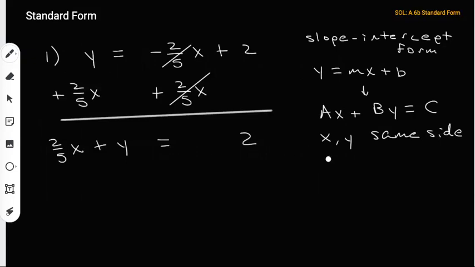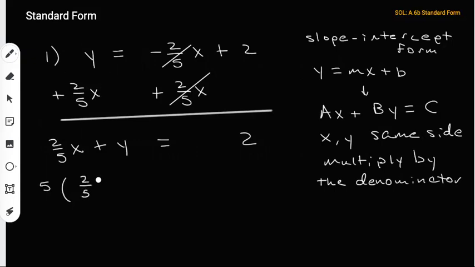What I'm going to do is I'm going to multiply both sides by the denominator, which is the bottom of the fraction. Right here, my denominator is 5. So I'm going to multiply both sides by 5.